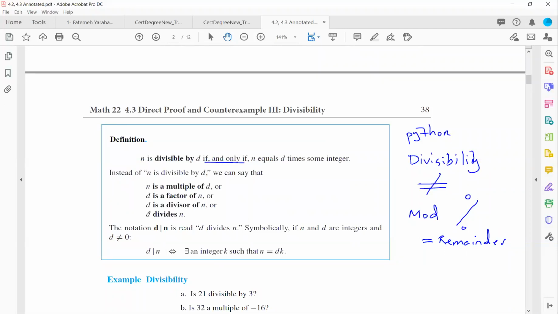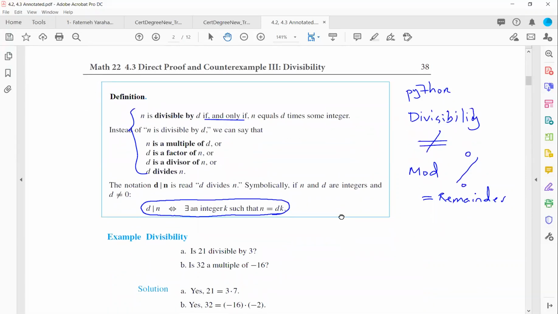We can also say that d is a divisor of n, or d divides n. These are all equivalent to each other. Mathematically, we write d divides n, and we define it as there is an integer k such that n is equal to d times k.